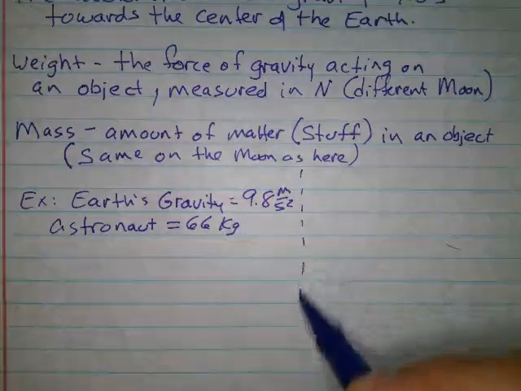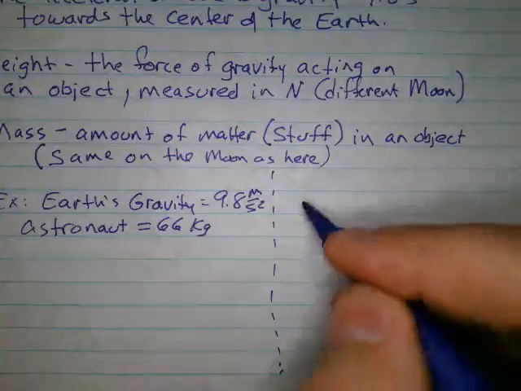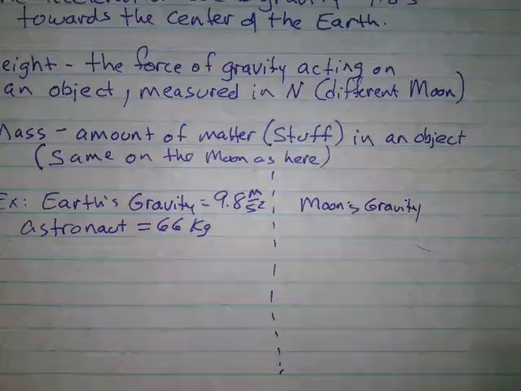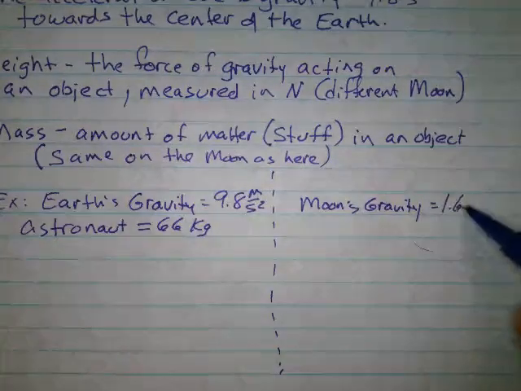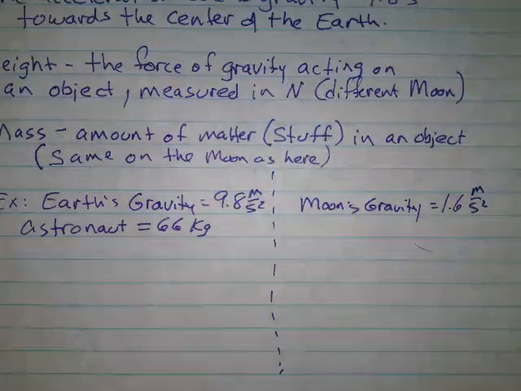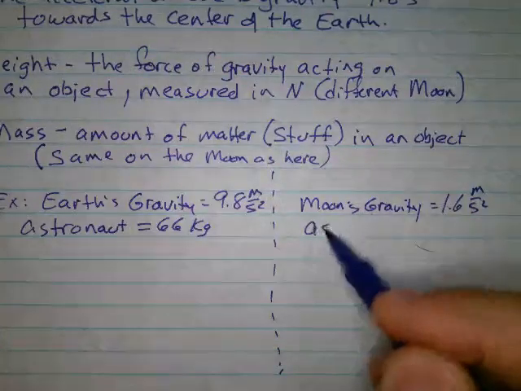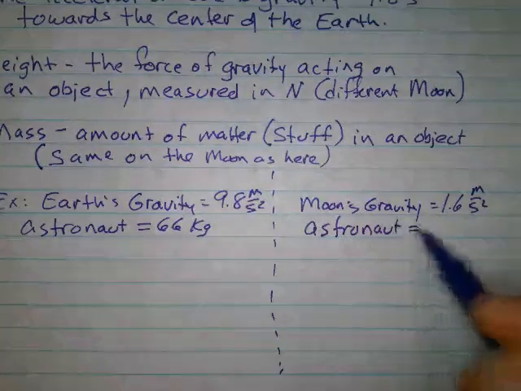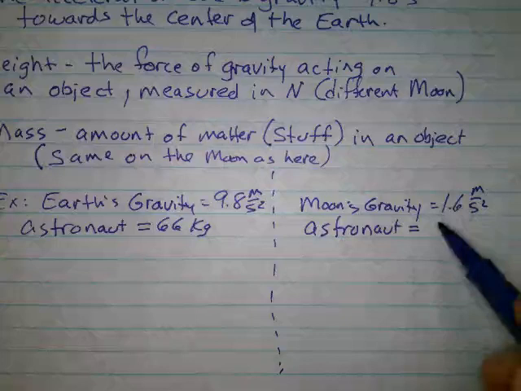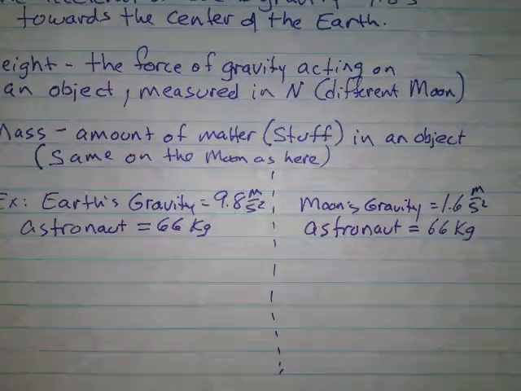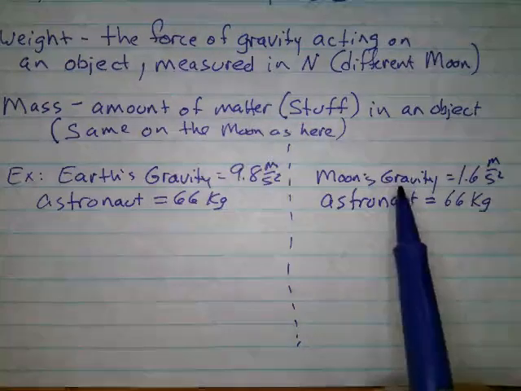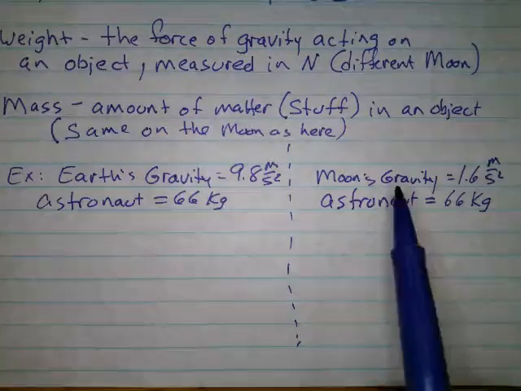And let's divide the page here a little bit, and let's just state here that the moon's gravity is 1.6 meters per second squared. Okay? And if you had an astronaut on the moon, because mass is the amount of stuff in it, that astronaut would have the same amount of stuff, and they would still have a mass of 66 kilograms. Okay, so gravity on the Earth is 9.8 meters per second squared. Gravity on the moon is 1.6 meters per second squared, roughly a sixth.